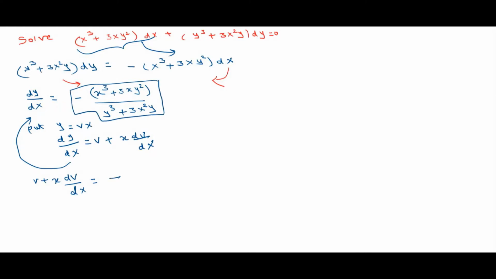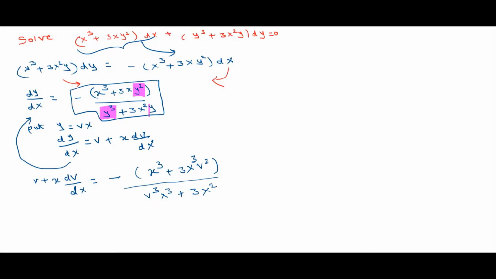So first I will write minus as it is into bracket x cube plus 3x, and then the remaining term is this y square. Substitute the value for y square, y is equal to Vx, so y square is equal to v square x square, and this x gives x cube. I have written it directly, divided by. Similarly in the denominator we have to substitute y is equal to vx, so y cube is equal to v cube x cube plus 3x square, 3x square.